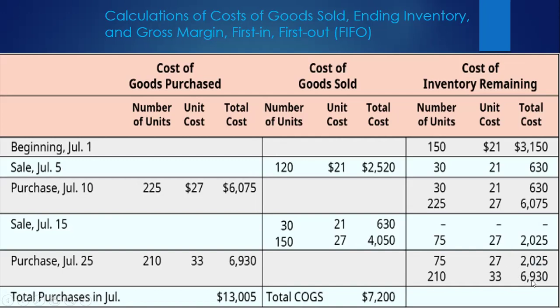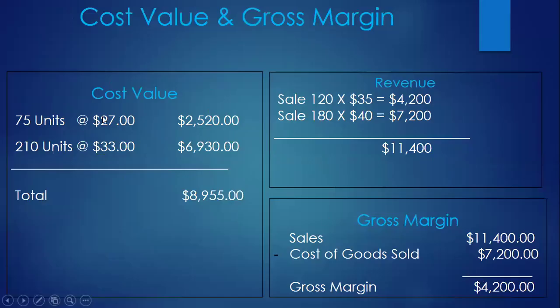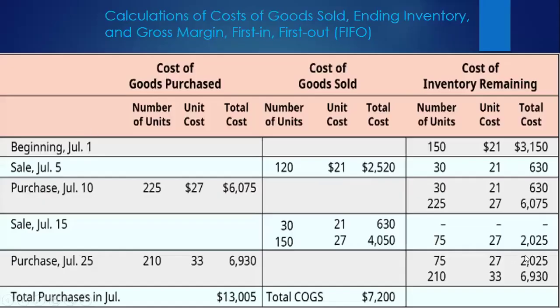So adding these two figures will give you what is called a cost value. Cost value is the last transaction after all the transactions have been recorded. Then you add the last ones here. This is what I have in my warehouse. 75 units at rate 27 and 210 at the rate of $33.